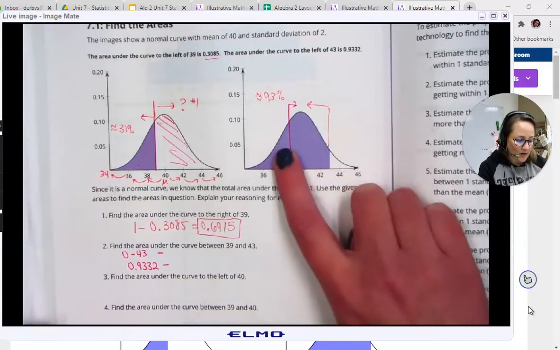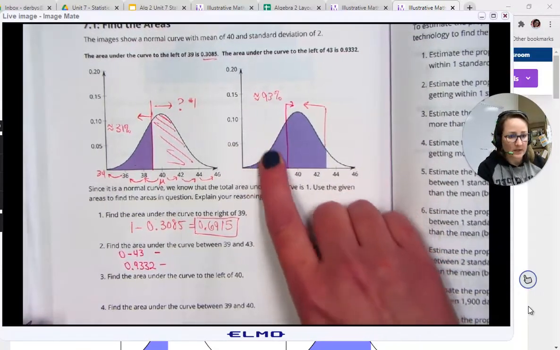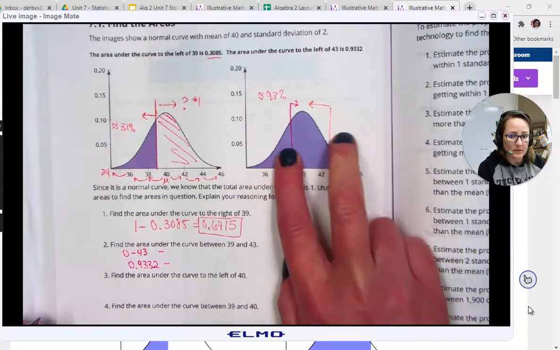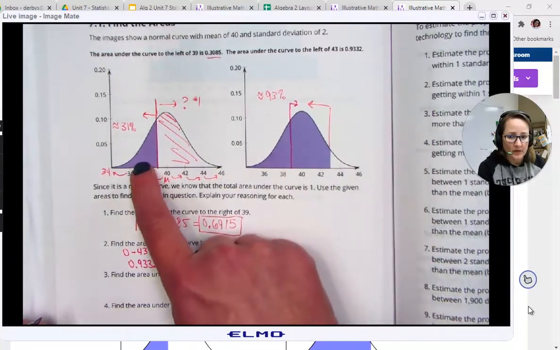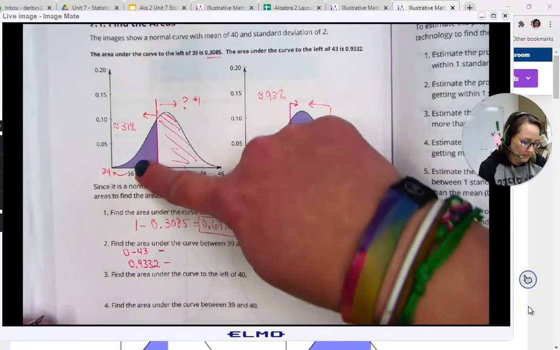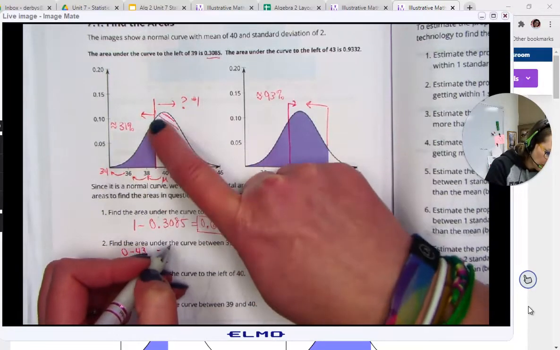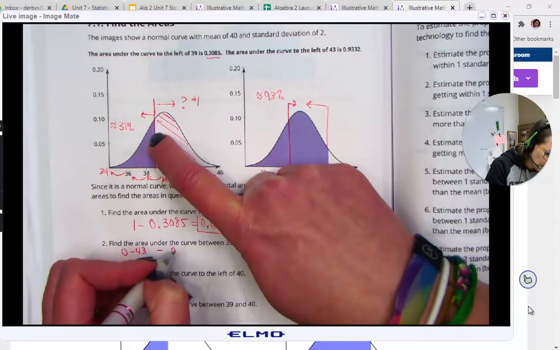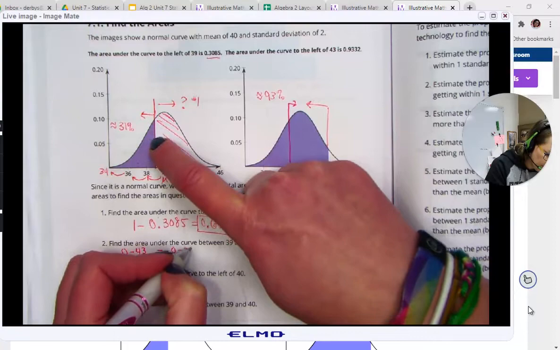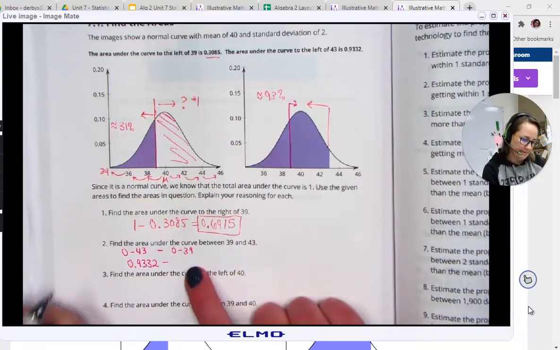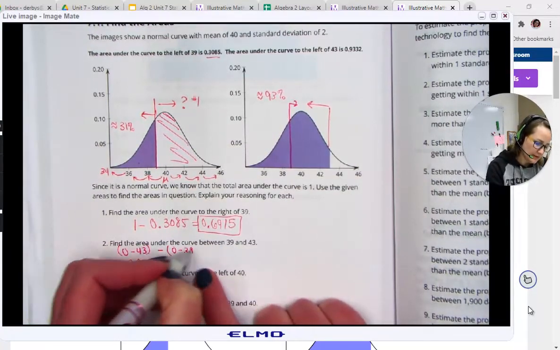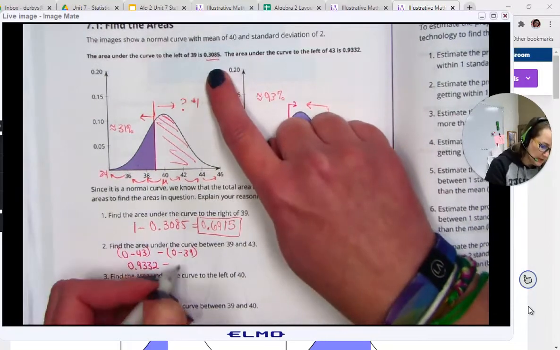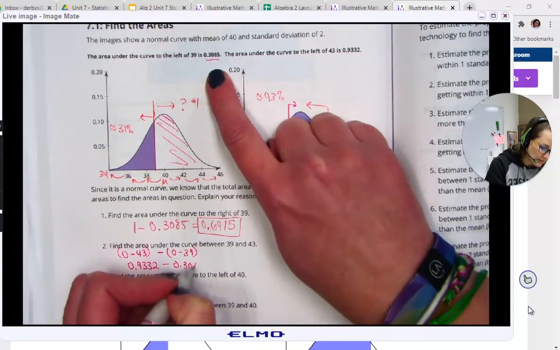And I'm going to subtract off this little part here because I don't want that part. I want everything in between these two. That part that I'm subtracting off is everything from 0 to 39. So we're subtracting off that range, 0.3085.